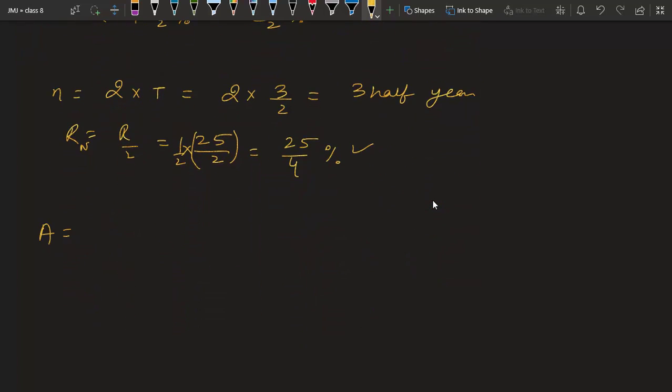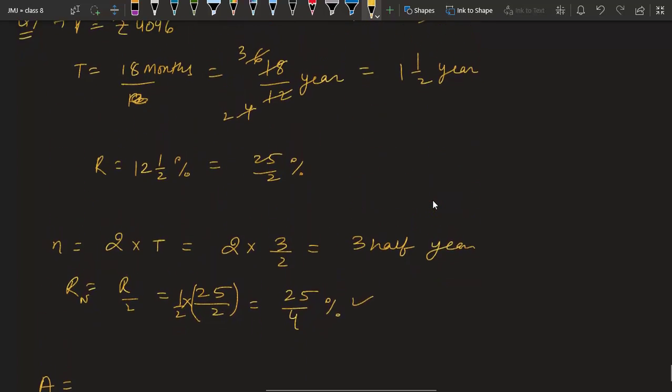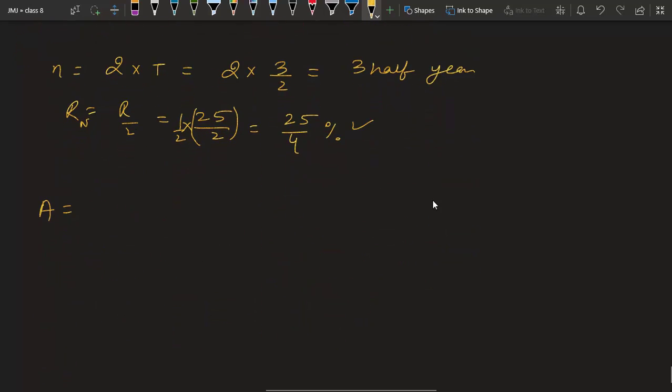It is given by principal, which is 4096, into 1 plus rate 25 upon 4 into 100, that is 400, whole power 3. Now we can write this as 4096 into 425 upon 400.